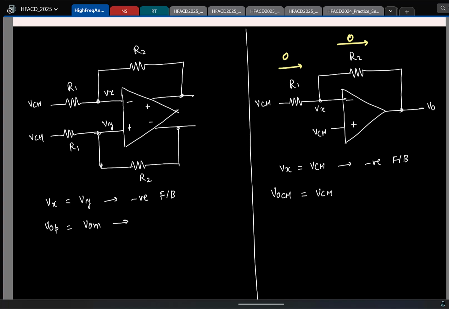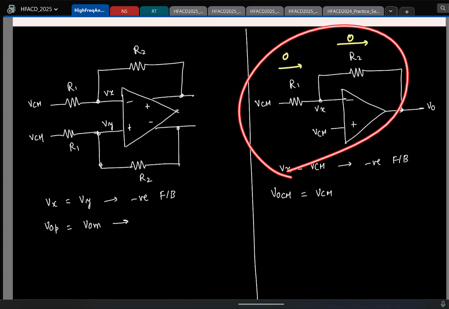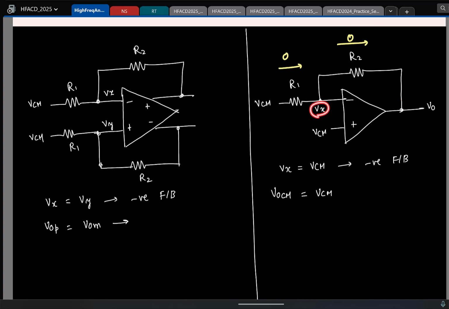Is this clear? This is in stark contrast to what you had here, right? Here, the negative feedback told us Vx is equal to VCM, which means you could argue that zero current flows here, zero current flows here. The output is also VCM. So you cannot expect that this negative feedback alone will be able to define my output DC bias.